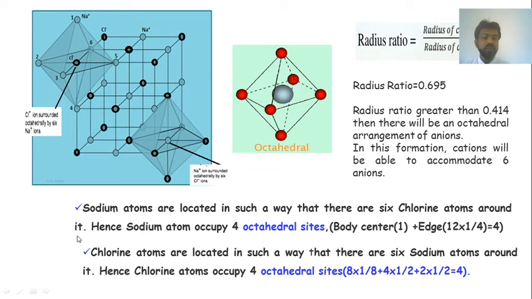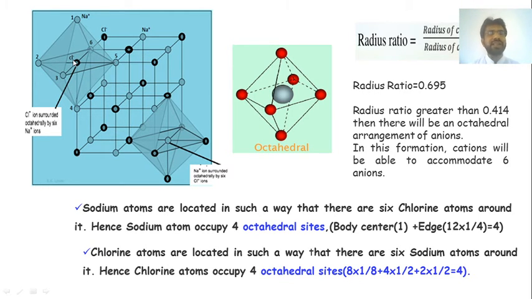Similarly, if we consider here, this is the chlorine atom. Now again there are 6 atoms surrounding this chlorine atom. Therefore the chlorine atoms will also occupy the octahedral site.